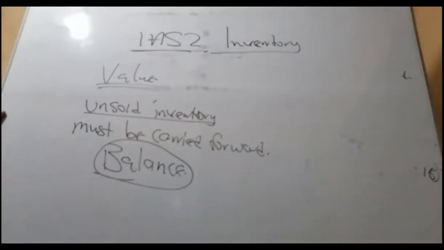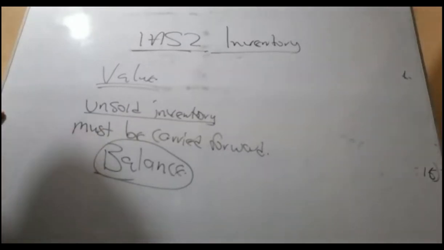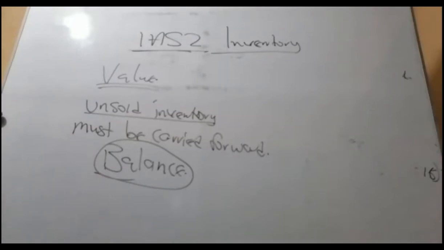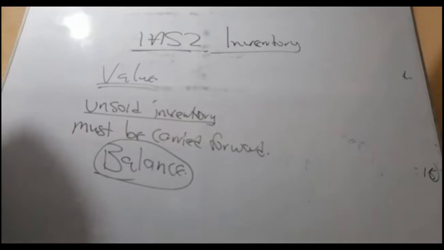Profit or loss is the consumption, what you've consumed and what you've earned. The assets and liabilities with balances are brought to the balance sheet.